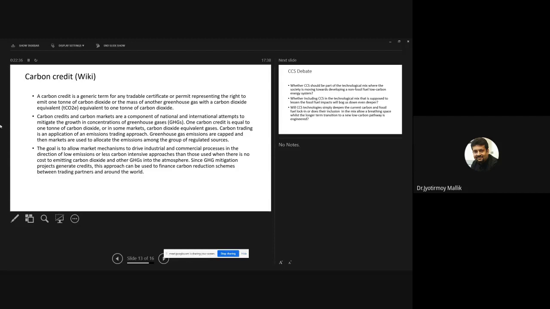A carbon credit is a generic term for any tradable certificate or permit representing the right to emit 1 ton of carbon dioxide, or the mass of another greenhouse gas with a carbon dioxide equivalent, tCO2e, equivalent to 1 ton of carbon dioxide. So it's like you have to pay to emit 1 ton of carbon dioxide, right?